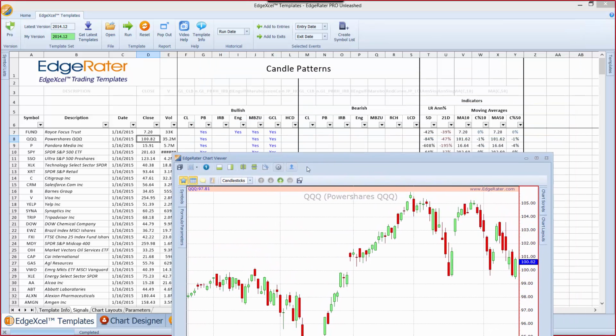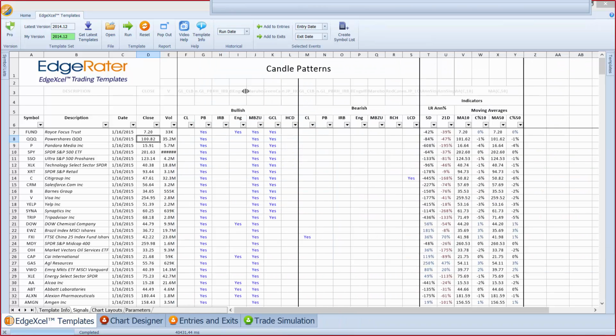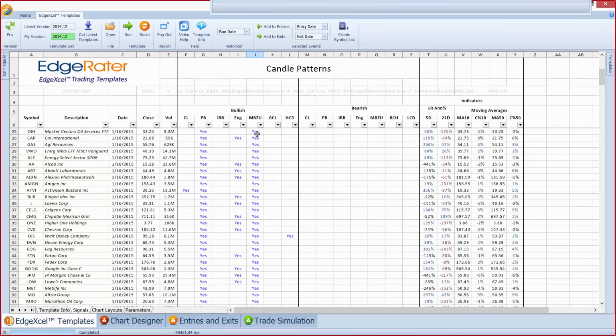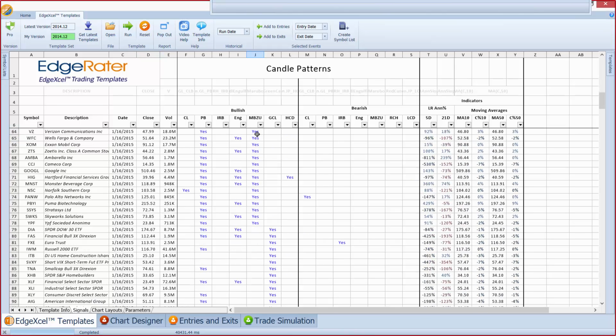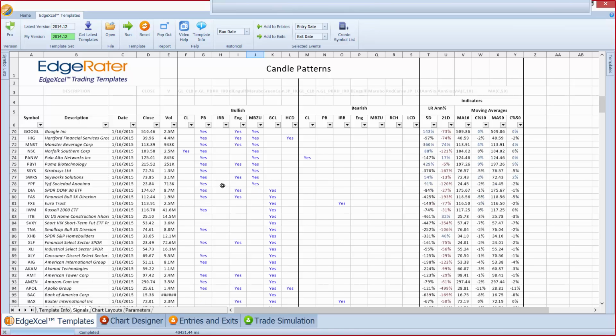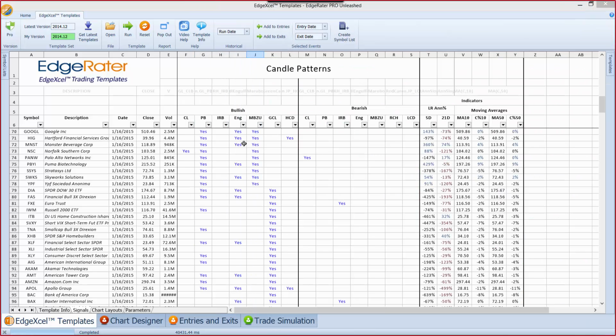That's what they look like, and you can see that every one of those marubozus where it says yes is also a power bar, every single one of them, right down to here. But if it's a power bar, it doesn't mean it's a marubozu, because of the rule: the power bar has to close within 25% of the range. We can go back to our sort that we had before.